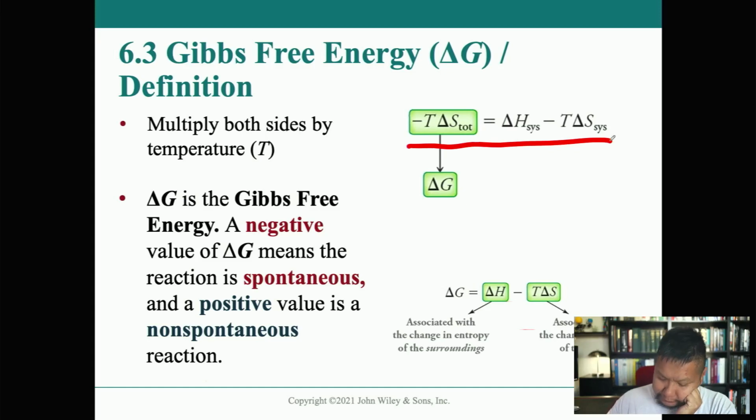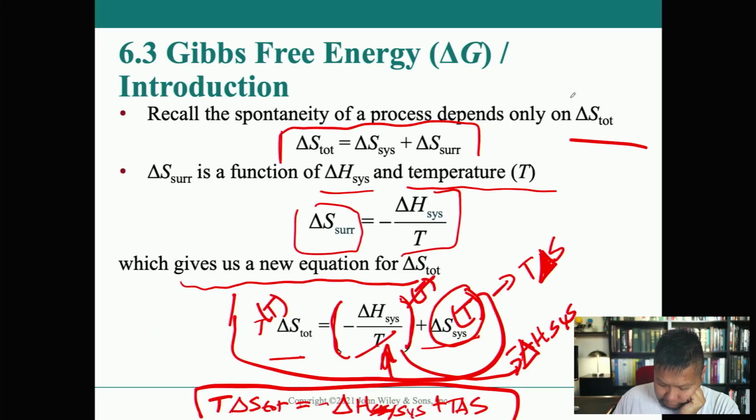I know it doesn't say minus there, but all that happened is that we switched the signs over so that now this is the positive and the other two are the minuses. It's still consistent with this here, because here we have positive delta S total, positive delta S system, and negative delta H system.